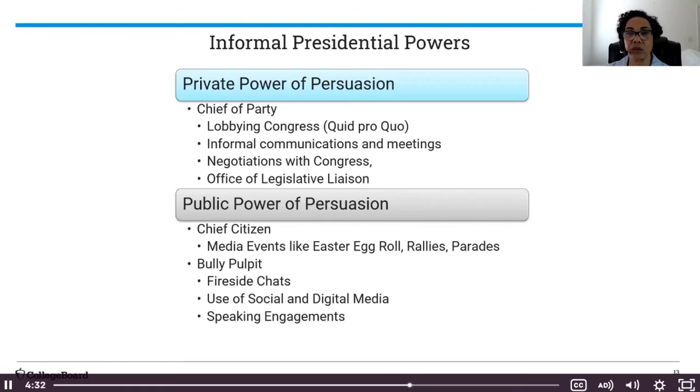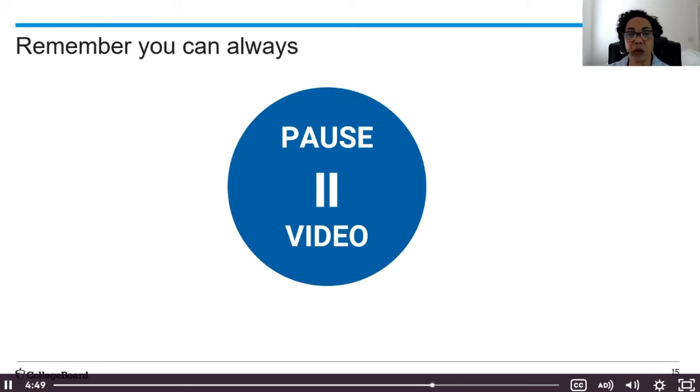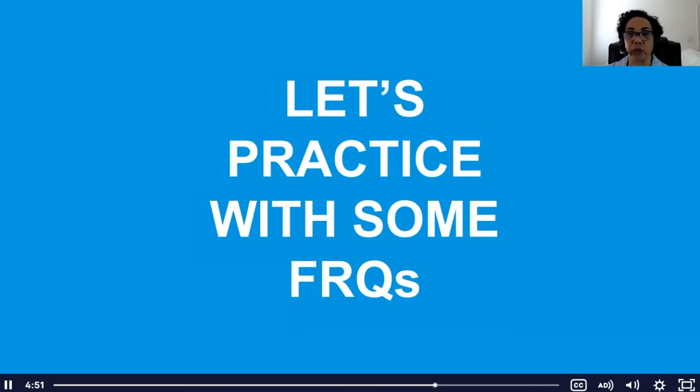So some questions just to think about regarding executive power. We're not going to answer them there, but they're just interesting to think about and may help you in terms of questions that you might be asked about the executive branch, particularly in an FRQ. So remember that you can always pause, and we're going to practice with some FRQs.